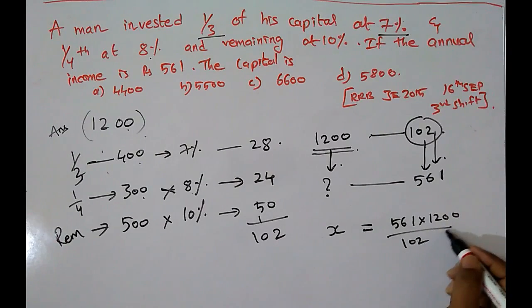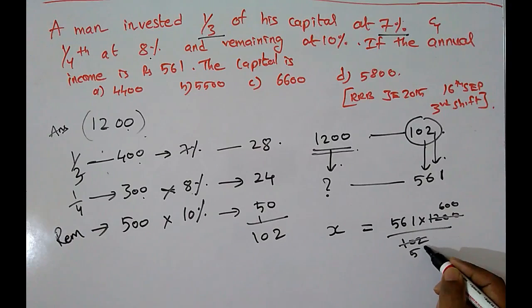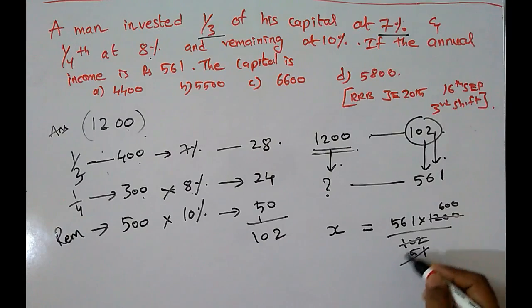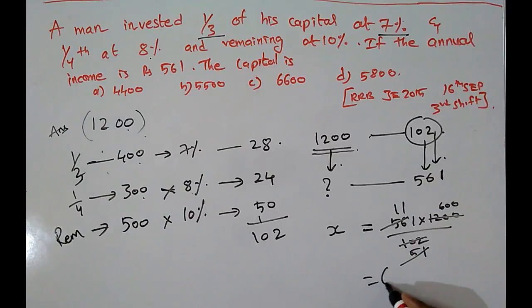If we see, 600 by 51, 11 51s are 561, which gives 6600. We got it.